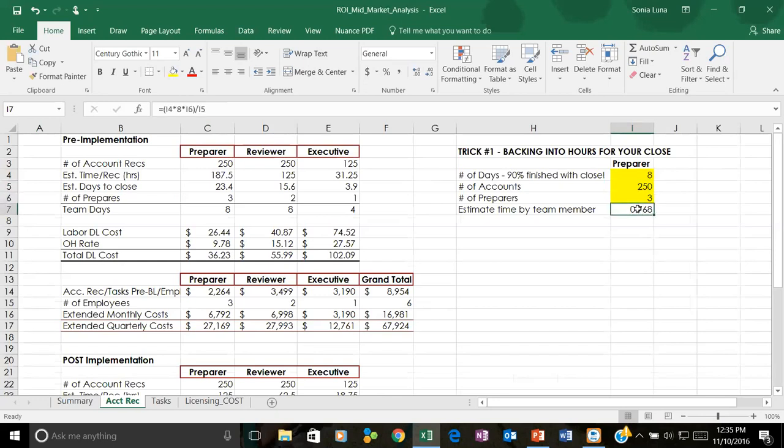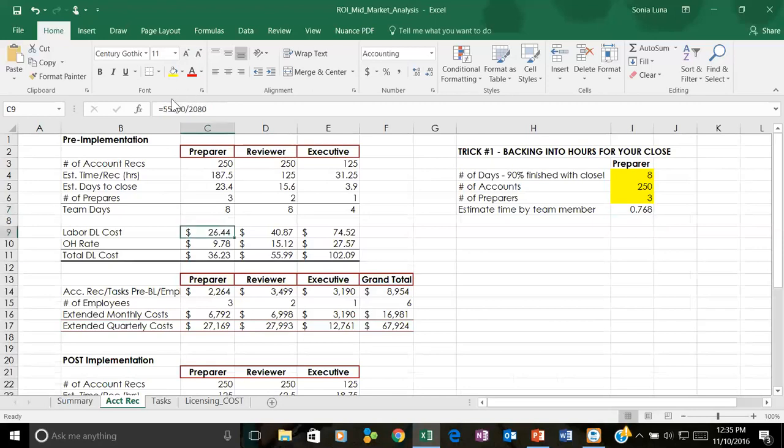So this calculation backs into the estimated hours it takes on a rec basis. All I did is take 8 days, a number of account recs, a number of preparers, and boom, I have 0.76 in terms of the estimated hours per team member or per account rec.